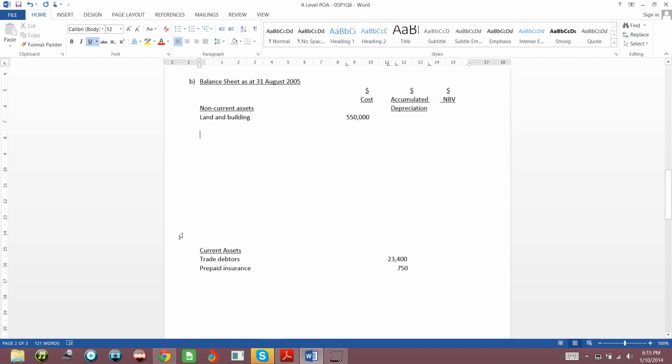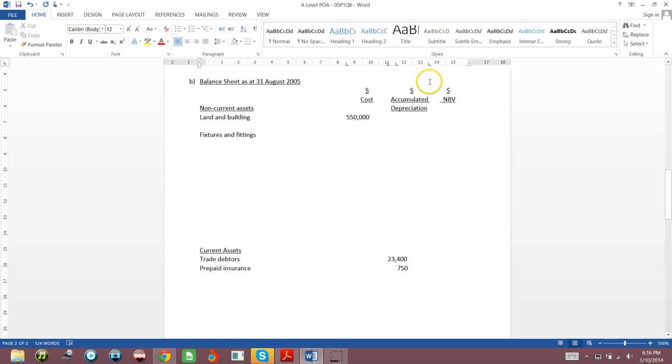Then we have fixtures and fittings. So how much is fixtures and fittings? You have to look at the question.